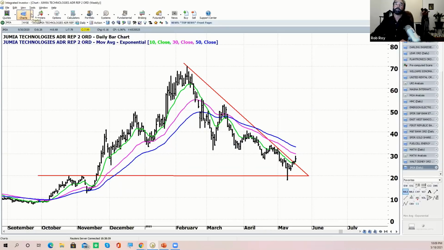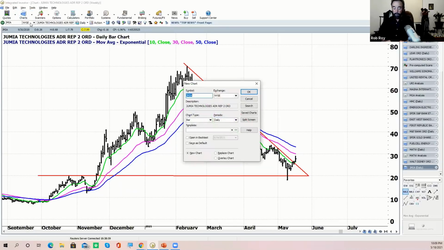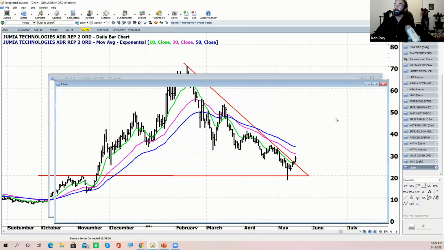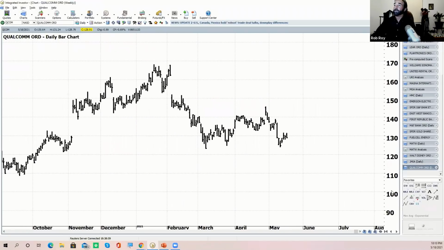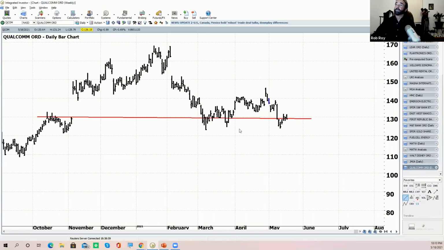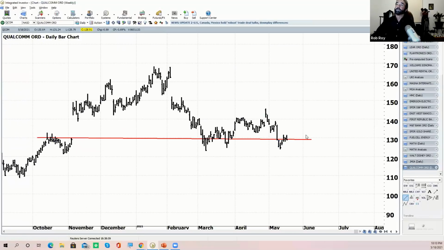Qualcomm. We'll look at this one Thursday night, obviously. And it's just the issue here with 130. What it does from here is going to tell a lot. It's major point of support and resistance. As you can see, resistance back at the end of the year, support ever since.